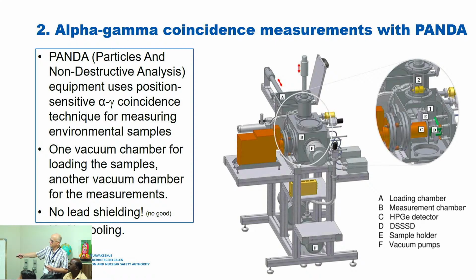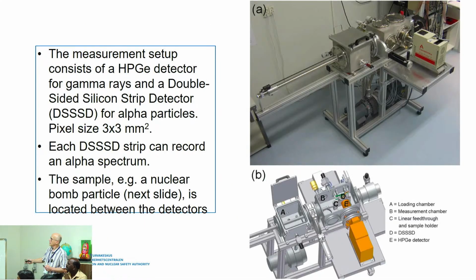There is no nitrogen cooling, it's an electrically cooled system. This is a gamma spectrometer. Let's look at this in a realistic way.